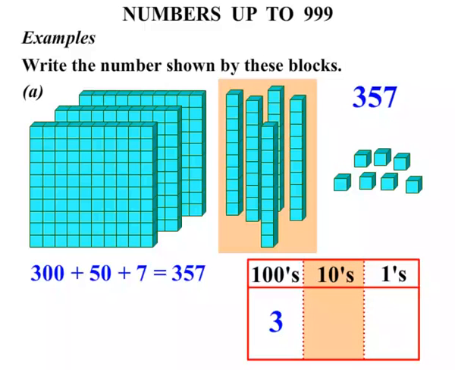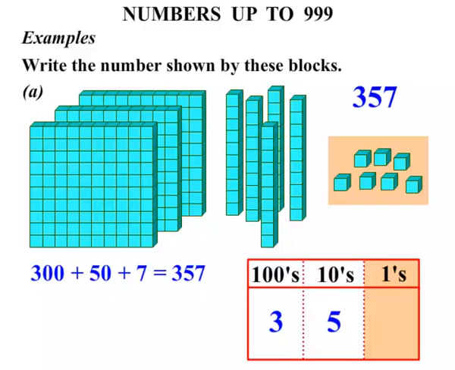So we had 1, 2, 3, 4, 5 of them, so let's write 5 in the tens column. And finally the ones, sometimes known as units, we had 7 of them. So we can see 3, 5 and 7 makes the number 357. Terrific.